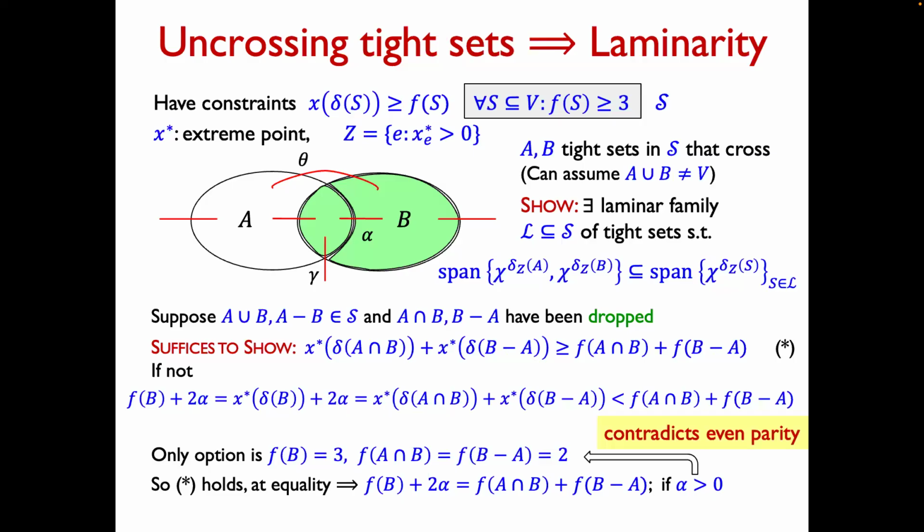F of A intersect B plus f of B minus A is at most 4, and f of B is at least 3. If alpha is positive, the only way I can satisfy this equation is by this choice of values for the sets. And again, that contradicts even parity.